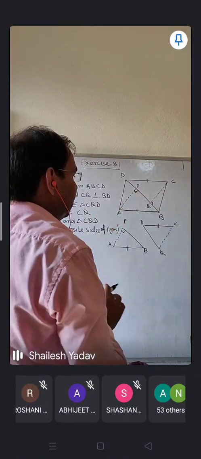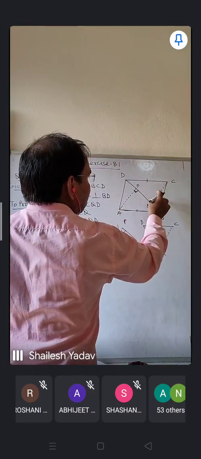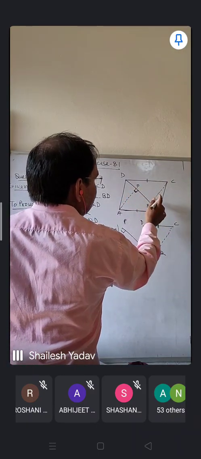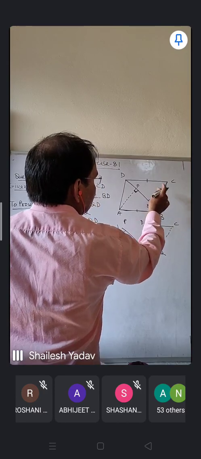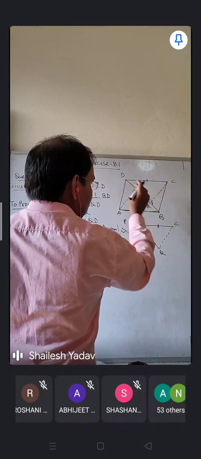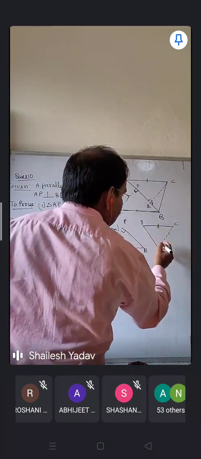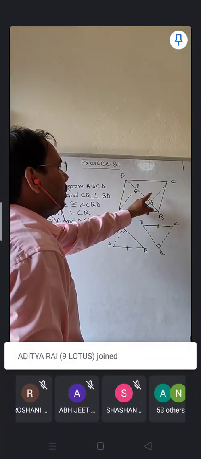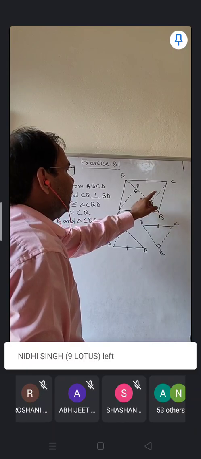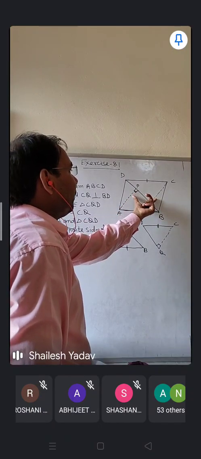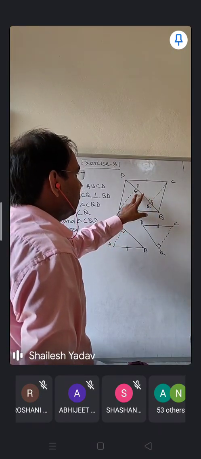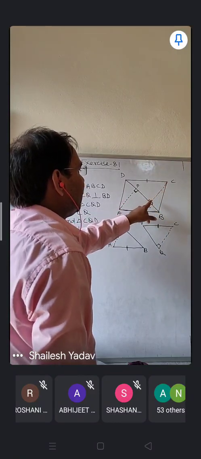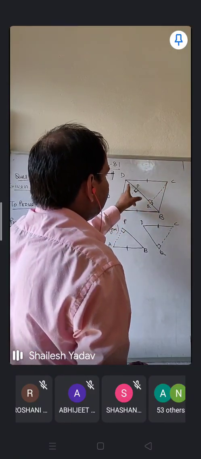As well, it is given that CQ is perpendicular to BD. It means angle CQD is also 90 degrees. So I got one angle equal, 90 degrees and 90 degrees.